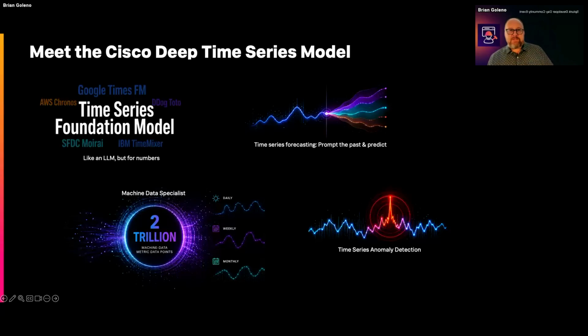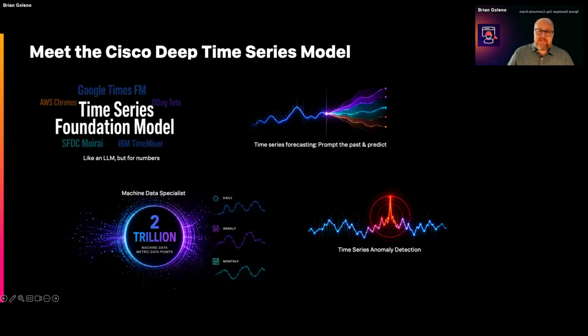The Cisco Deep Time Series model is a machine data specialist. It's been trained on over 2 trillion machine data use case data points. And we are dedicated to making this time series model the most accurate and reliable time series foundation model for machine data.